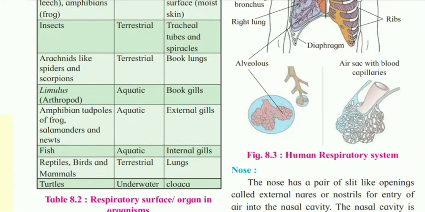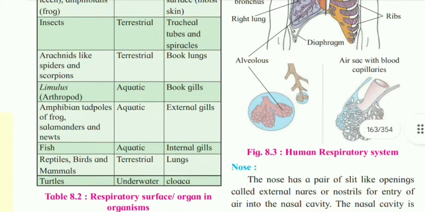Amphibians like frogs, salamanders, and newts are aquatic and they respire through external gills. Fish are aquatic and they respire through internal gills. Reptiles, birds, and mammals are terrestrial organisms and they respire through lungs. Turtles are underwater organisms and they respire through cloaca.